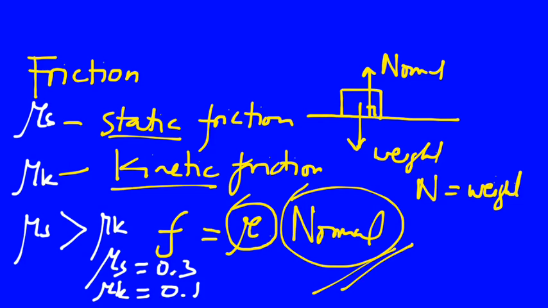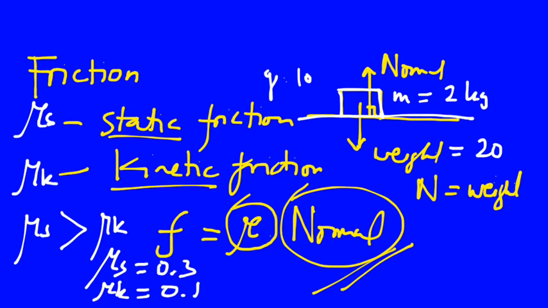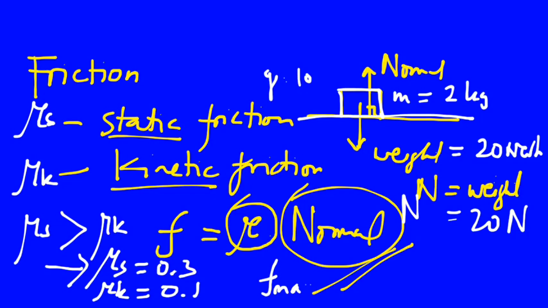Alright, for example, the block resting on a table has a mass of 2 kilograms. So we can find the weight using g equals 10. The weight is just 20 Newton. Now we have a normal force also equal to 20 Newton. With the static coefficient of friction, we can calculate what is called the maximum static friction.